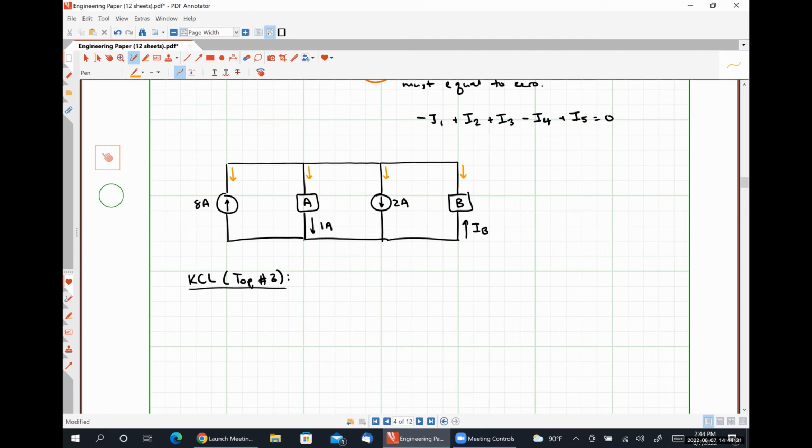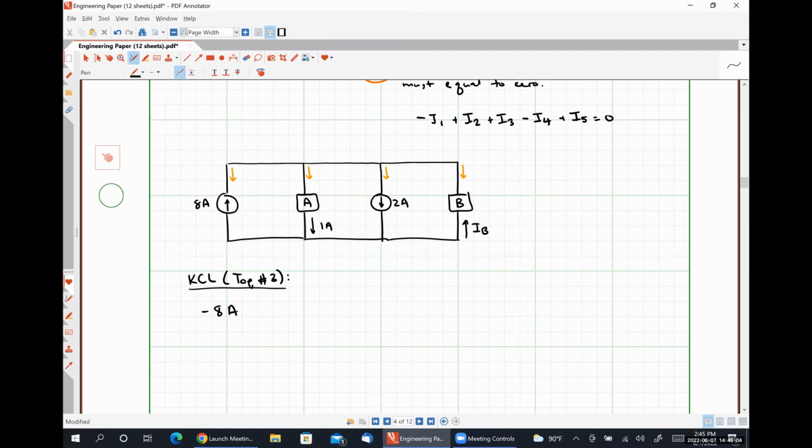And I'm simply adding all of those together. And what I'm going to do is relate those branch currents that were indicated on the original circuit to these currents that I've outlined in orange and write my KCL equation, okay? So the 8 amp current is in the opposite direction as my orange arrow. So that means it's going to be negative 8 amps.